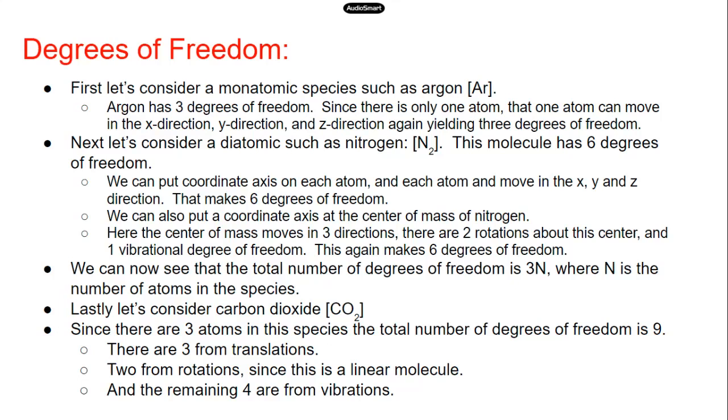This molecule can move in 3 different directions, okay? But since we're talking about the coupled system, it can also rotate about this center of mass. It can rotate like the hands of a clock, moving around the center like that.